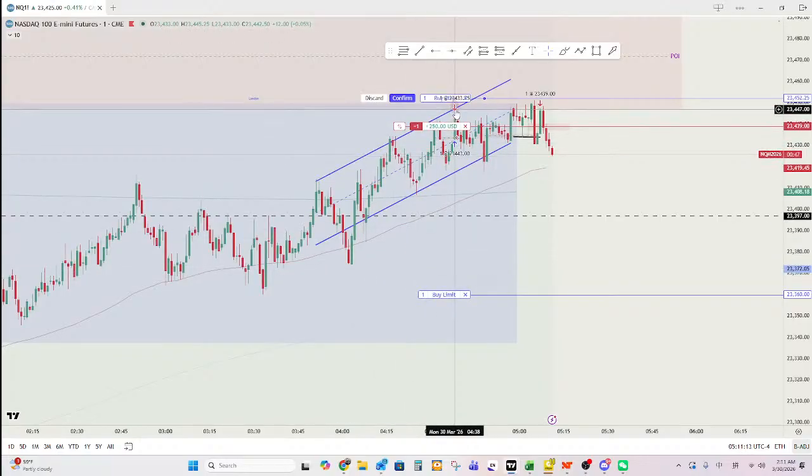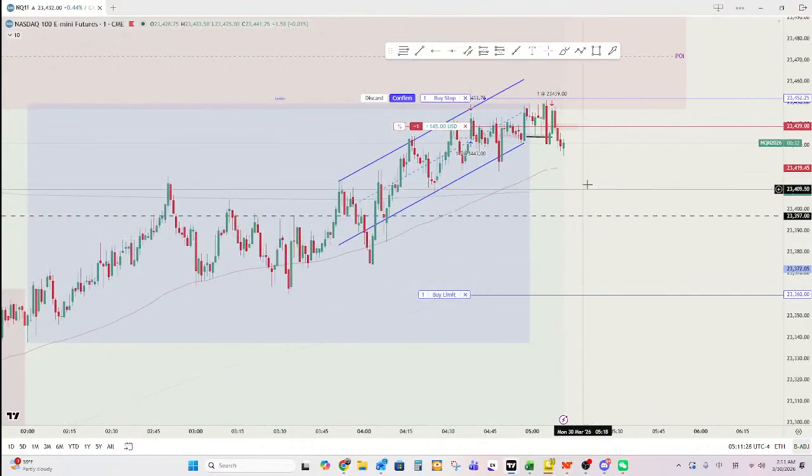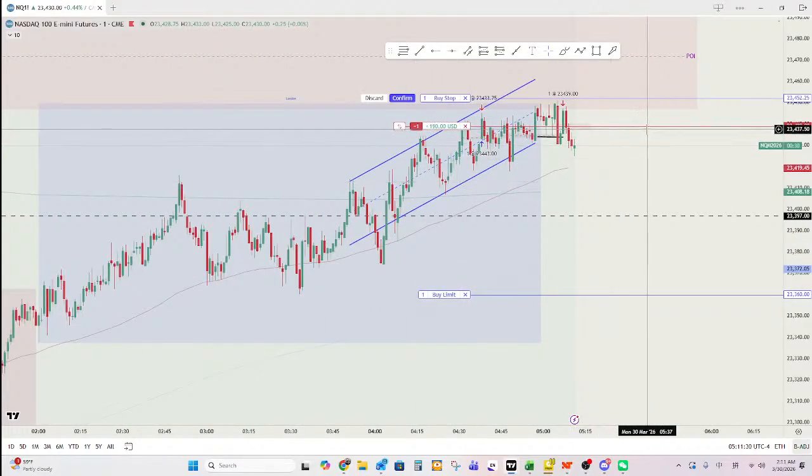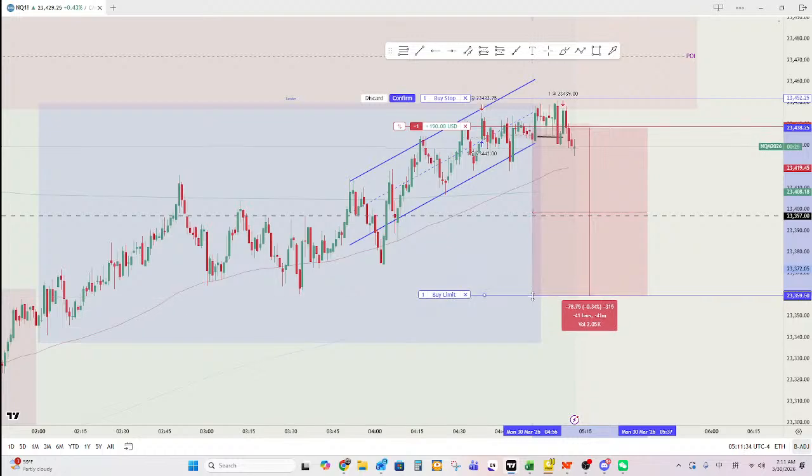I lost around 10 points here. 1 point is like $20, so that'll be around $200. Hopefully we can make it back, but we never know. So from here, let's do a measure here. 78 points.